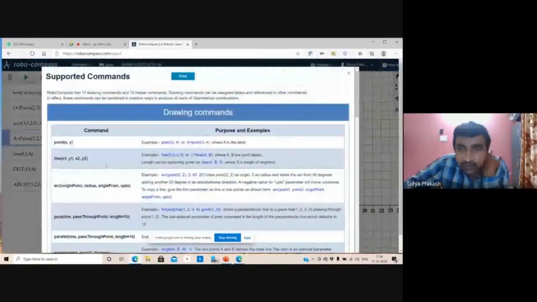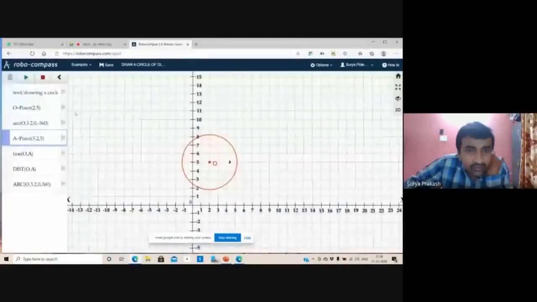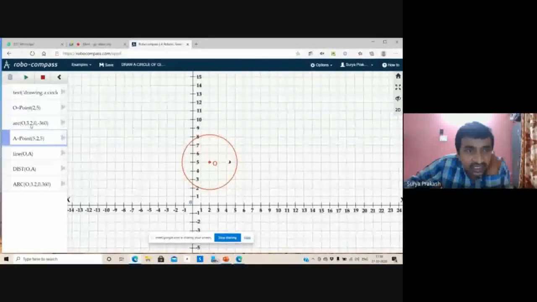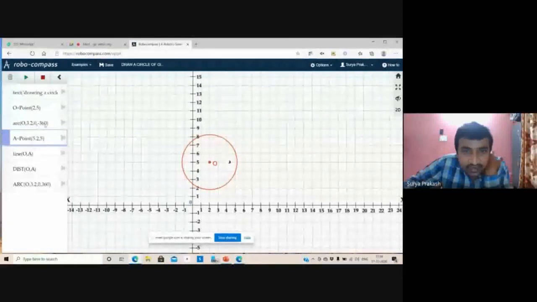Using these commands only, I prepared it. Here you have to draw an arc with O as the center, and 3.2 is nothing but the radius given in the problem, from 0 degrees to minus 360 degrees, in the anti-clockwise direction. After giving this command, this circle has been completed.